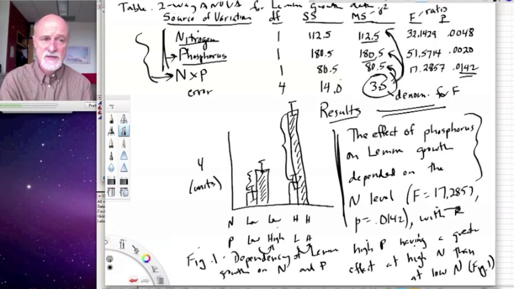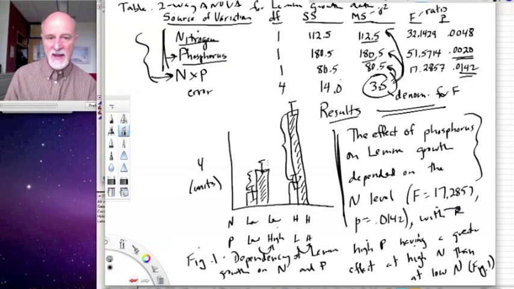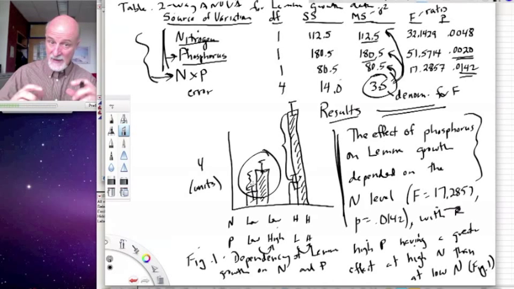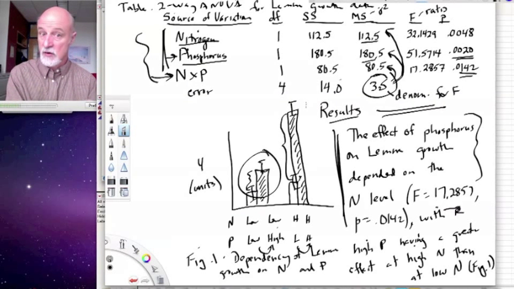And in this case, I would say yes. So the phosphorus effect was that it stimulated growth of lemna, always that way. We can look at the overlap of these error bars perhaps and make sure those didn't overlap, and we would say, okay, there was a stimulation at low nitrogen and there was a stimulation at high nitrogen. So regardless of the nitrogen level, there was a phosphorus effect. It's just that we also say first that the phosphorus effect was greater at high nitrogen than at low nitrogen.